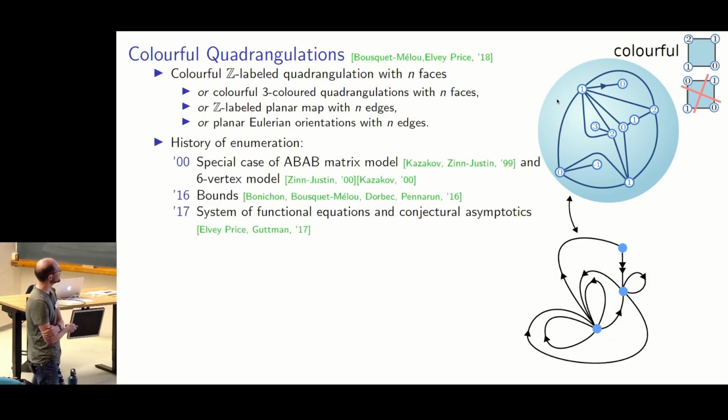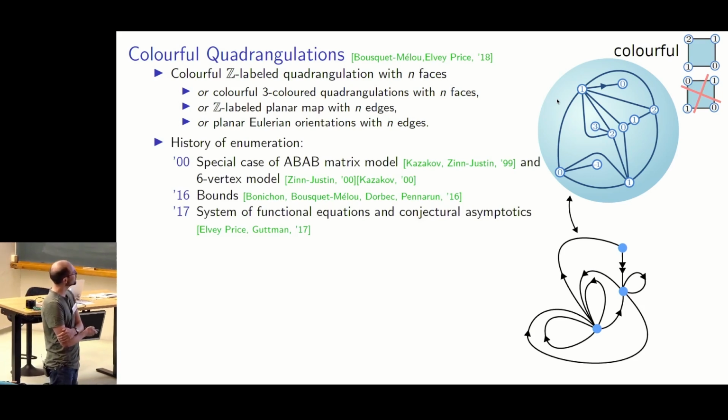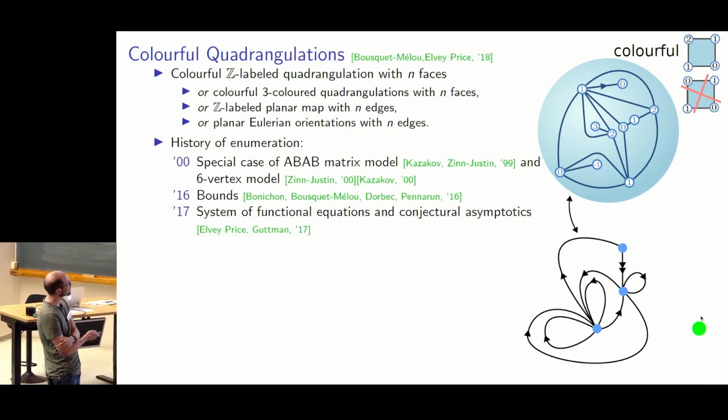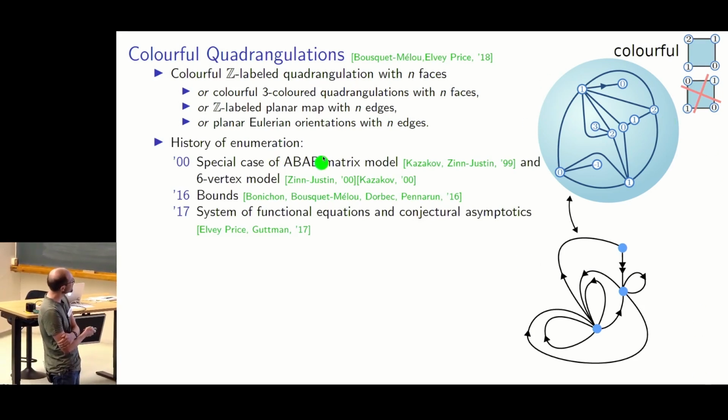So some history. Even though I think it was not really realized at the time, these are actually special cases of families of maps that are enumerated by matrix models. In particular the ABAB matrix model and the 6-vertex model, which were both solved through matrix model techniques around 99 and then 2000.